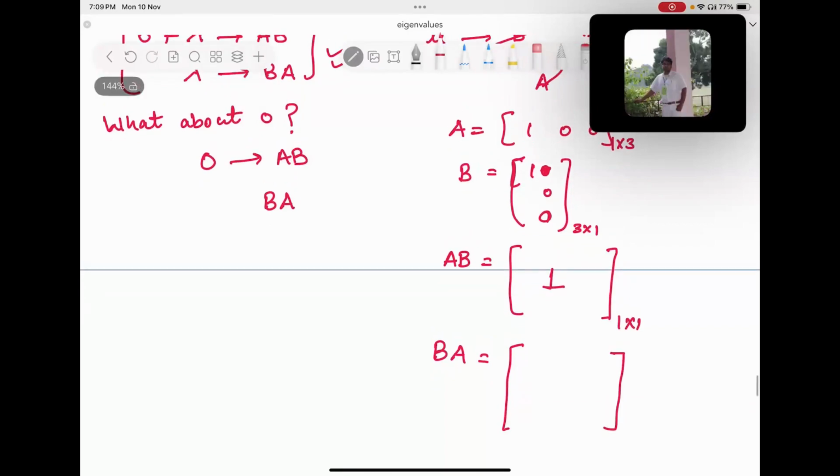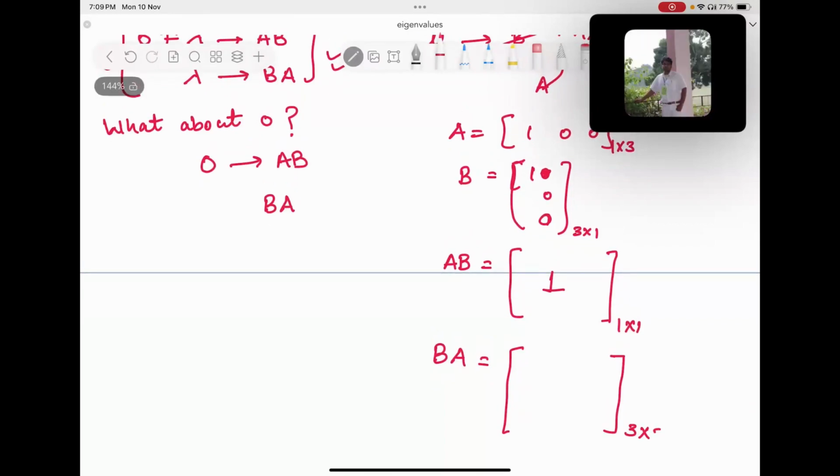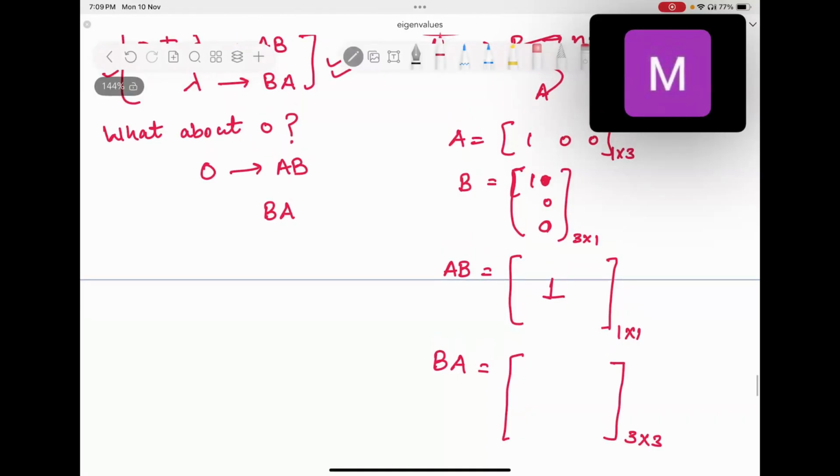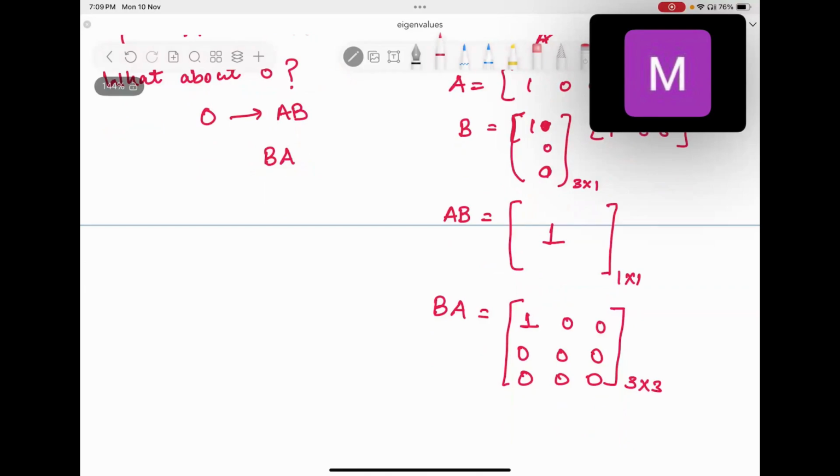BA: the first column will be (1 0 0), and the rest of the columns are 0. So BA will be the matrix with 1 in the top left and 0 everywhere else. Correct? Okay.